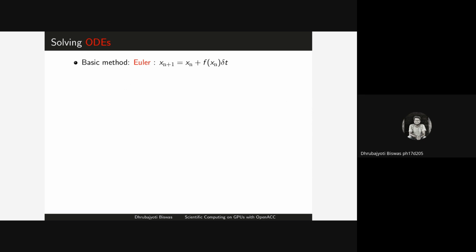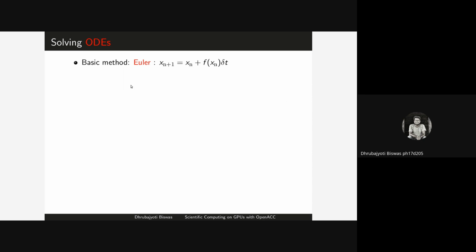You will be given an initial condition, because from basic mathematics you know that to solve an ordinary differential equation, you need the value of x at time 0.